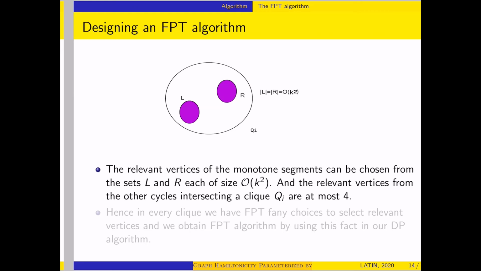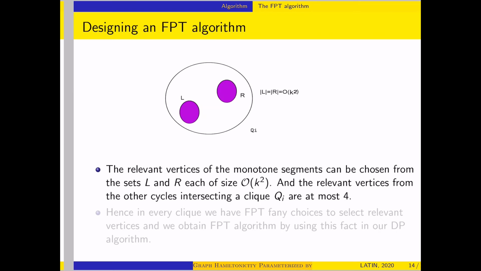So what we do is to design an FPT algorithm. We show that the choices for these relevant vertices are not too many. Instead of trying to find these relevant vertices from the entire clique, we can find some smaller subset of vertices of size at most order k square, and we can argue that all the relevant vertices should come from these smaller sets, and that is good enough for us to design an optimum cycle cover.